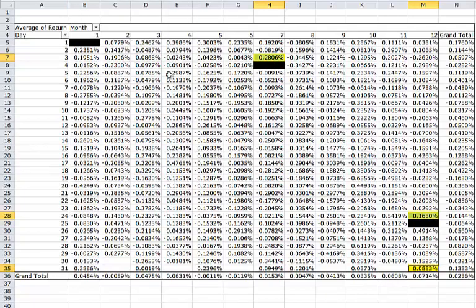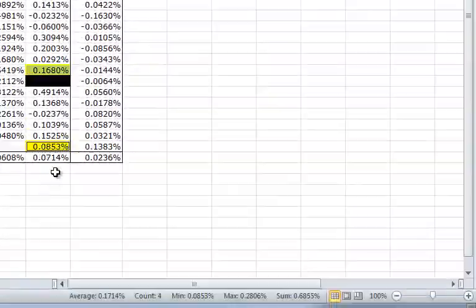And feel free, if you're so inclined, to also highlight the day before Valentine's Day, since that's a consistent day every year, so we can do that one. You can clearly see if you take the average of those 4 days before holidays, the average is 17.14 basis points, which is considerably higher than 2.36 basis points.